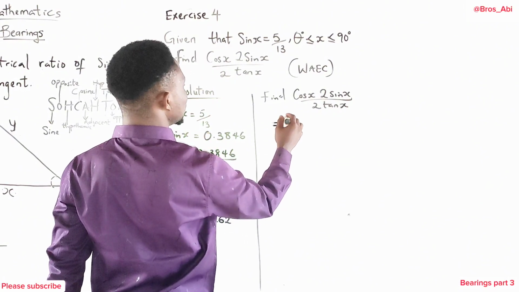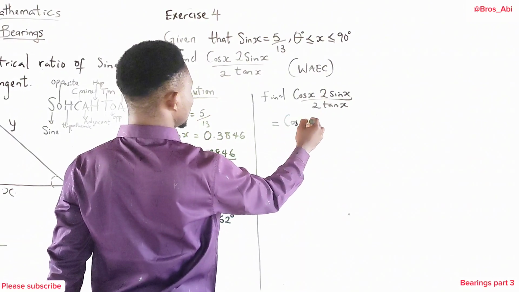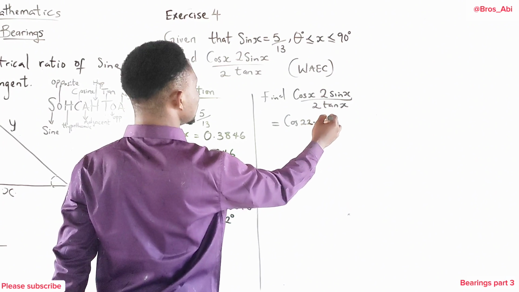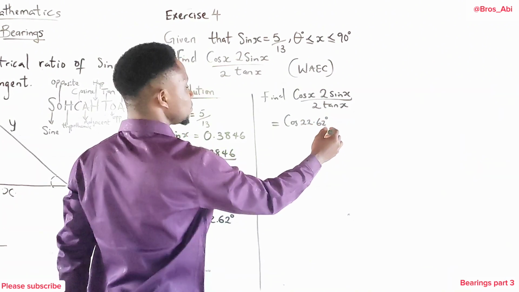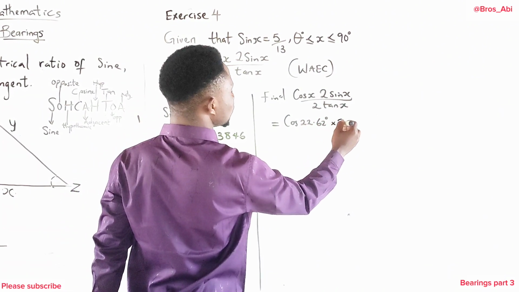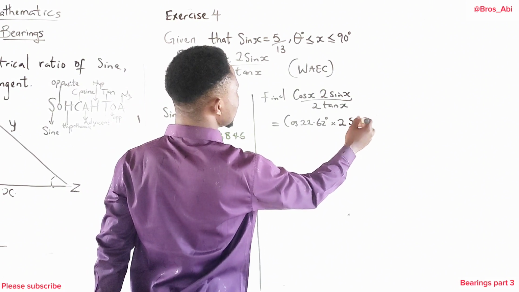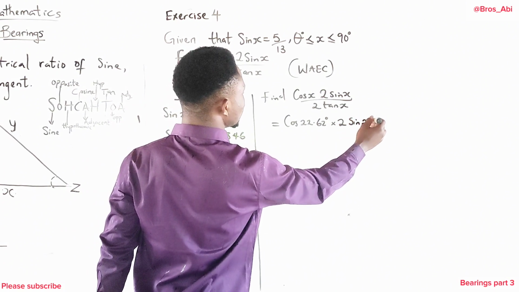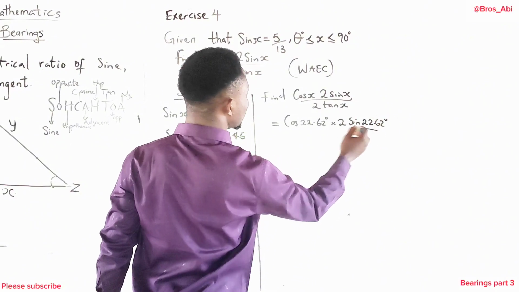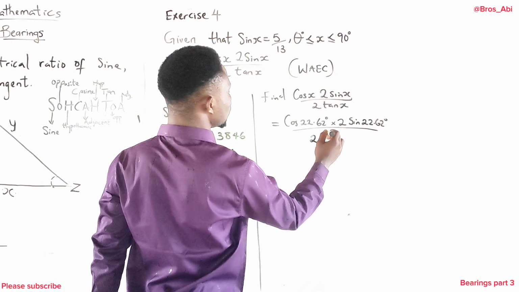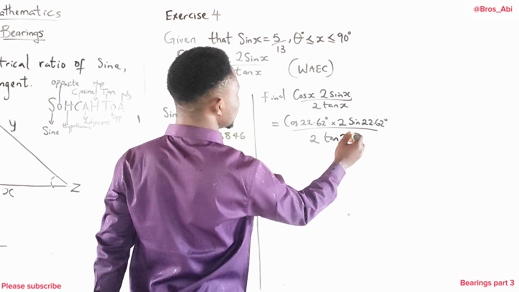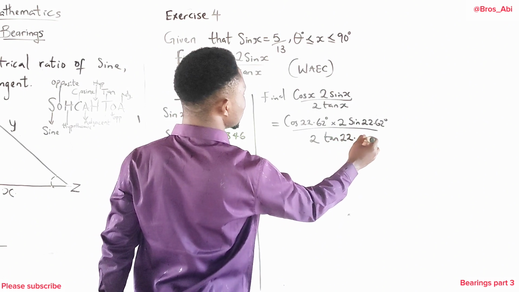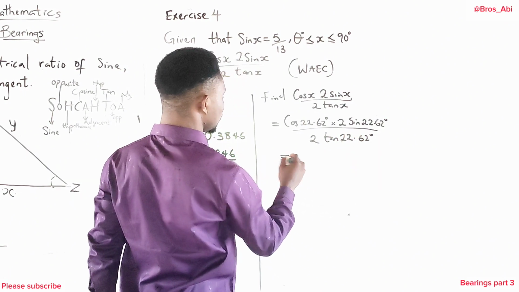So it gives cos 22.62 degrees, then times 2 sin 22.62 degrees over 2 tan 22.62 degrees.